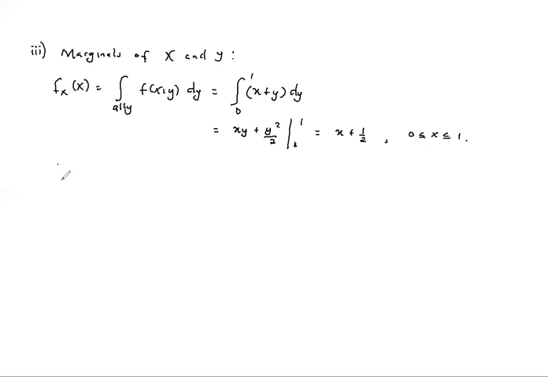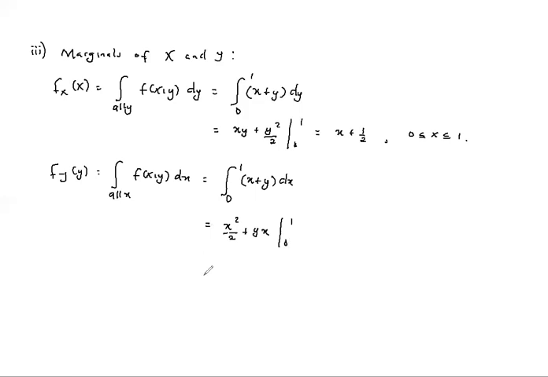Then f of y, that is the integral of f of xy dx. That is from 0 to 1, x plus y dx, which is x squared over 2 plus yx from 0 to 1.